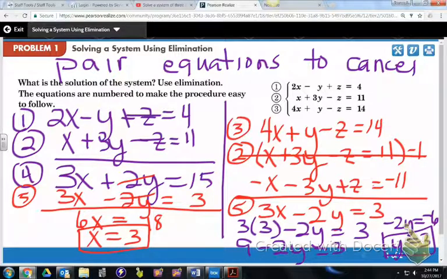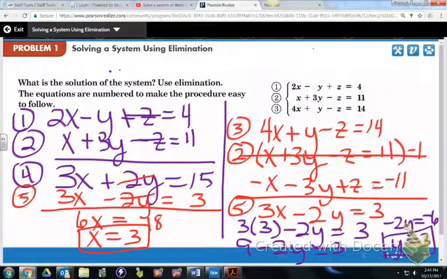Since I already know what x and y are, I can go back up to the original 3 equations and use any one of those 3 to plug in the x and the y. Let's use the first one. I'm going to erase this so I can use that space to work this out.